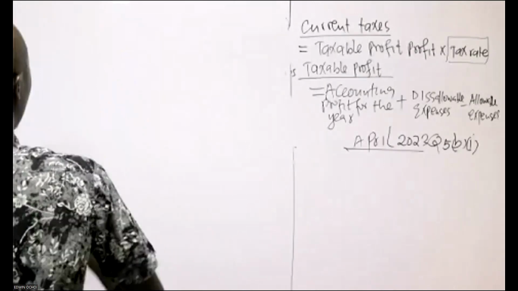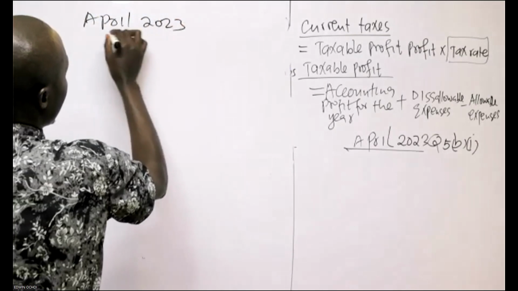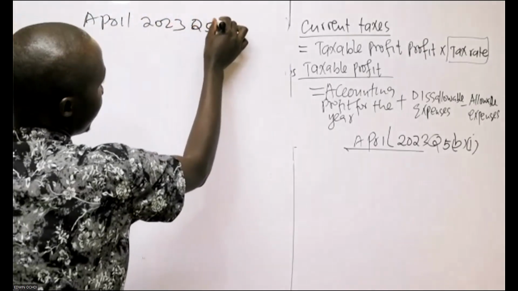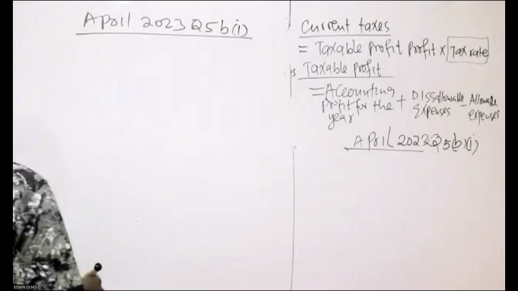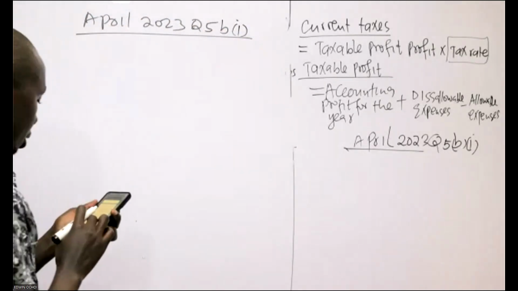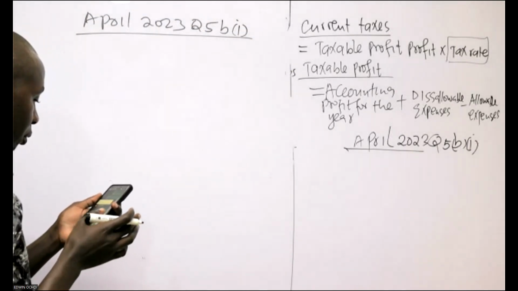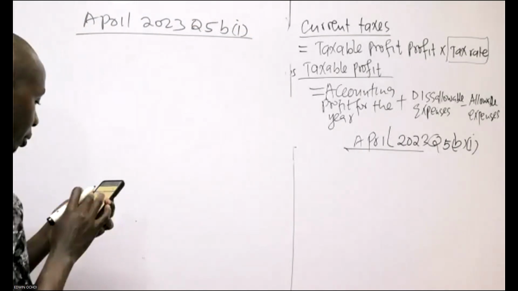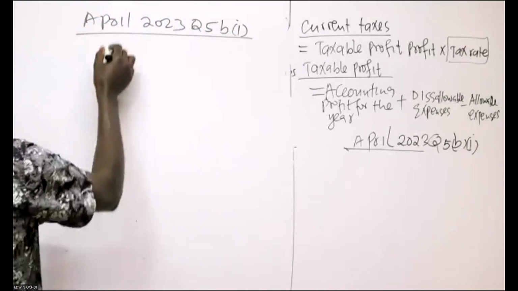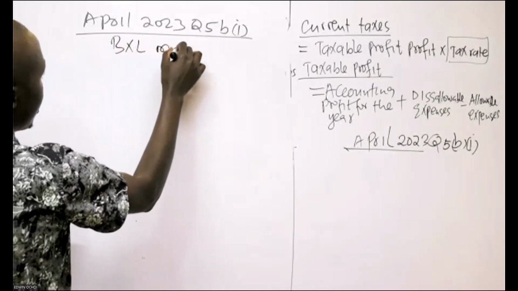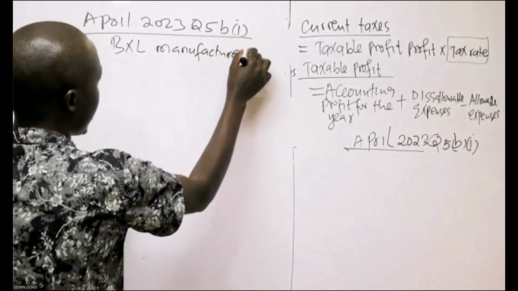So here, remember we are doing April 2023, question 5, B Roman 1. So the company is BXL Manufacturers.